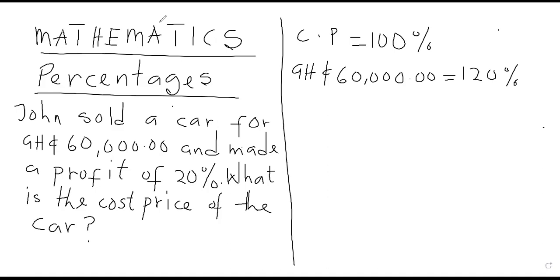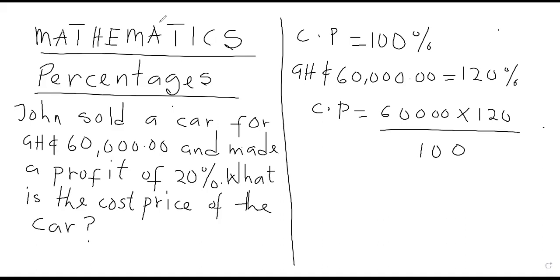Now we're comparing 100% to 120%. 100% will give us less. So meaning the cost price will be less. Since it's under profit, the cost price will be less than the selling price. And if less, more divides. So that will be 60,000 times 120 over 100.